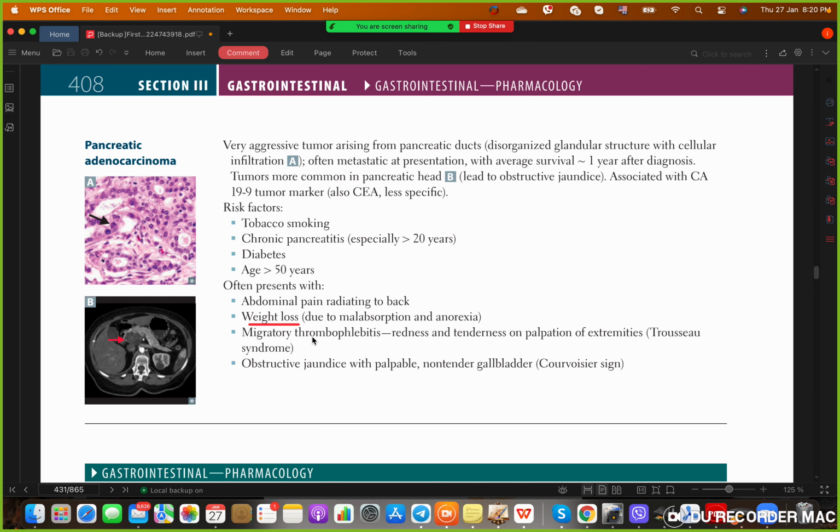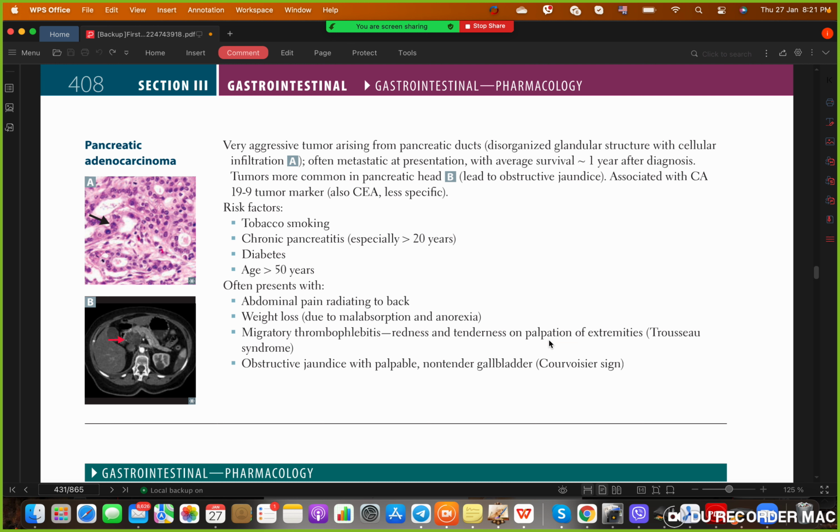Yes. Okay, so migratory thrombophlebitis can occur, also known as Trousseau syndrome, not the Trousseau sign. That's totally different. So the migratory thrombophlebitis can lead to redness and tenderness on palpation of the extremities, and it happens because of a hypercoagulable state of the body, because cancer can lead to a hypercoagulable state.